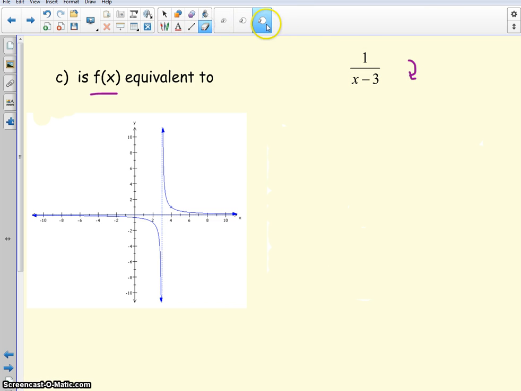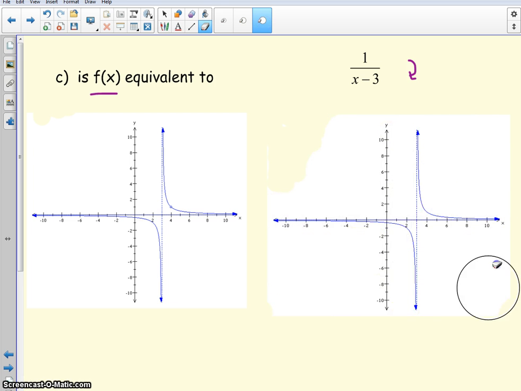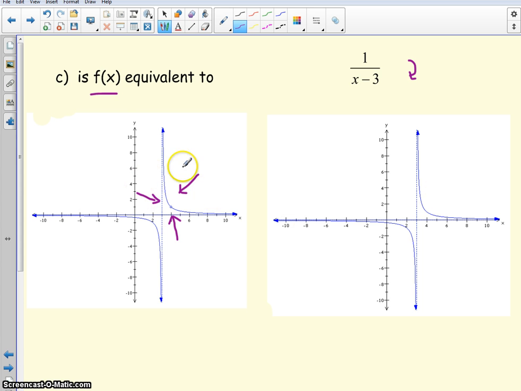Now, at first glance, these look the same, except for one tiny difference. See if you can spot it. Tiny, tiny little difference right there. There's a little hole on the graph right here, on this one on the left, that's not over here on the right.